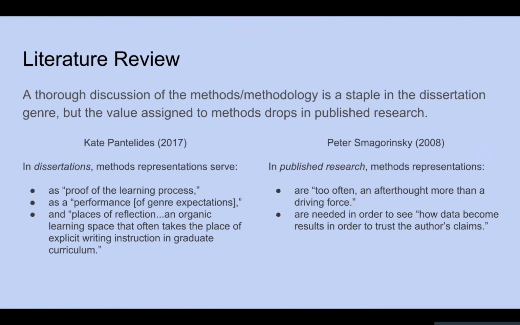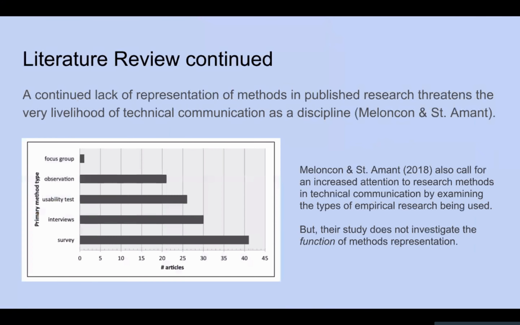And in the next slide, I'll show you how recent research by Kirk Saint-Amant and Lisa Melancont started to answer this question that Peter Smagorinsky issued. And their article was Empirical Research in Technical and Professional Communication, a 5-year examination of research methods and a call for research sustainability.